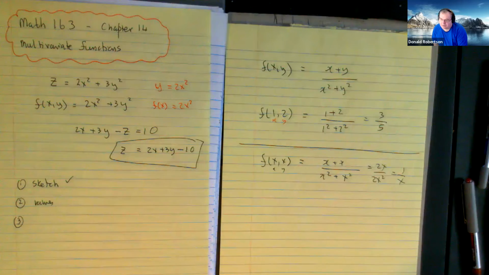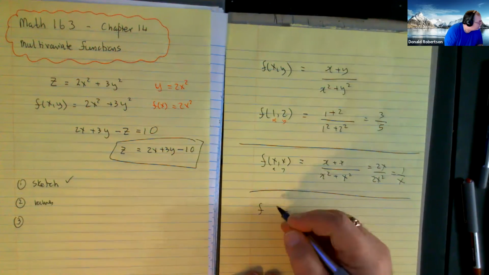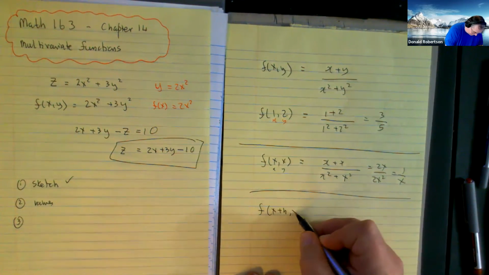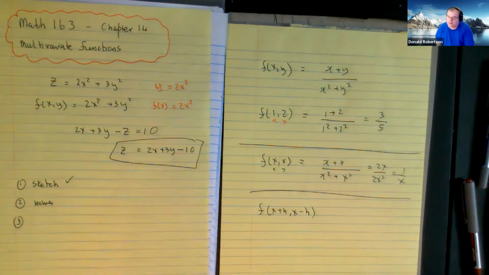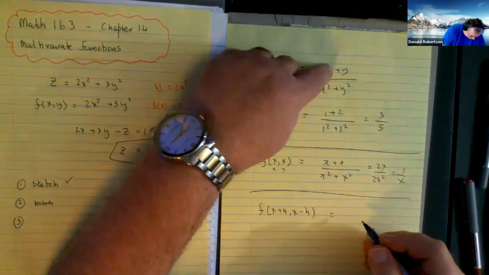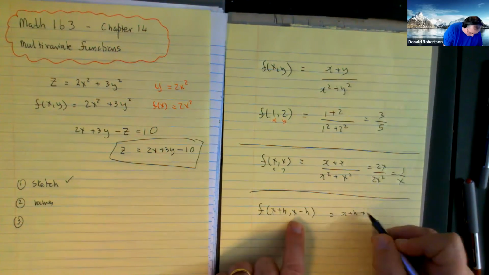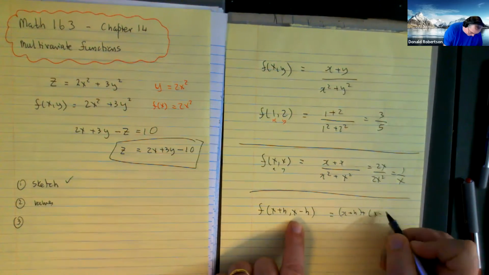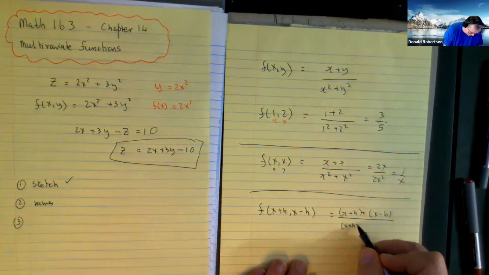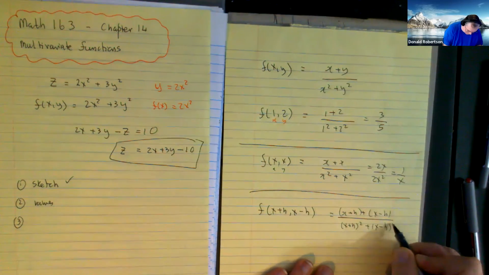So far, so good. And you could get f of, I don't know, x plus h comma x take away h, right? Can you do that? In this case, you would get first guy plus second guy, so that guy plus that guy. And then you would have that guy squared plus that guy squared.